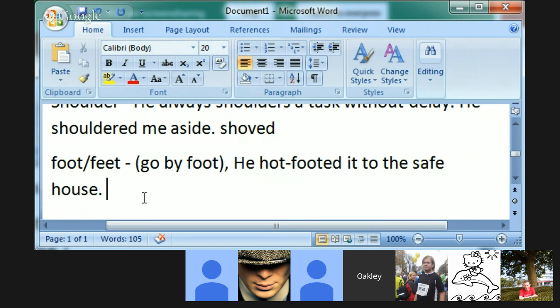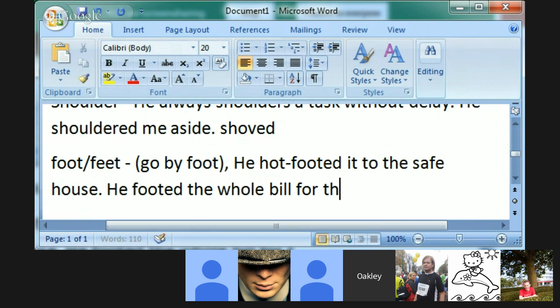No? Okay, I'll give you an example. He footed the whole bill for the entire wedding.